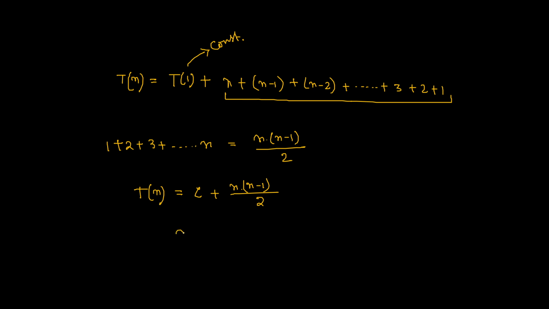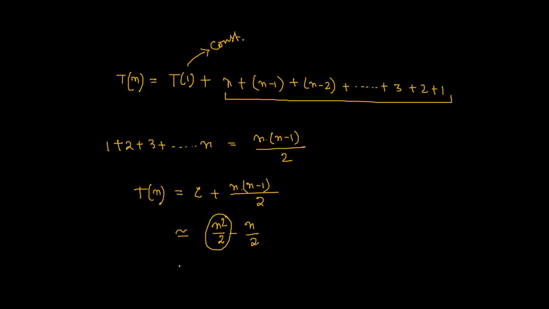So I can say it is almost equal to n square by 2 minus n by 2. So naturally with this equation, this term is dominating the other term because it has a quadratic term.